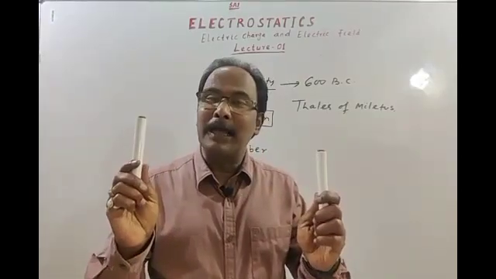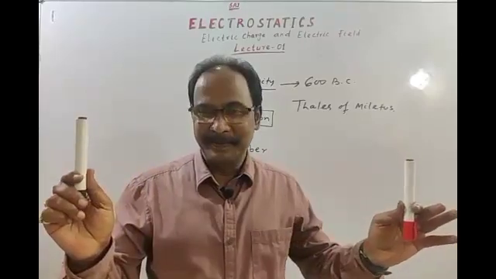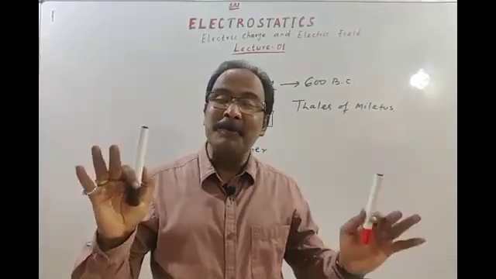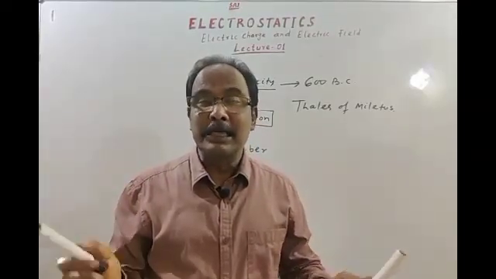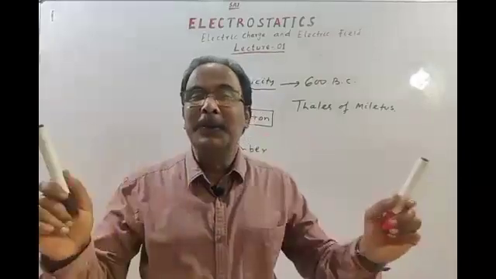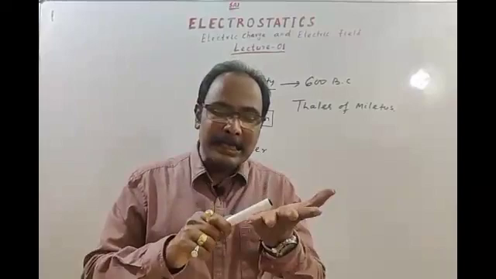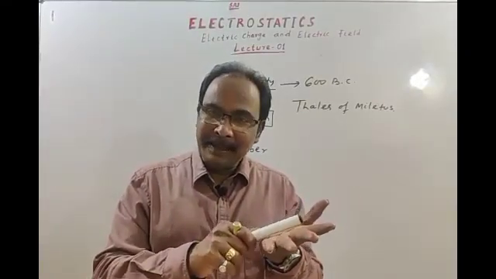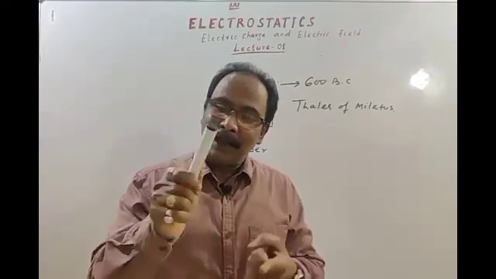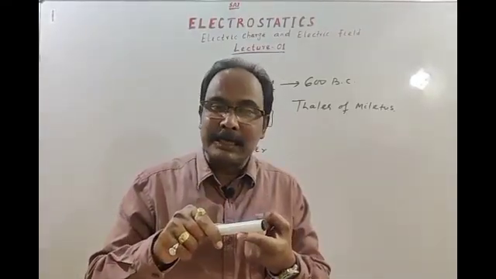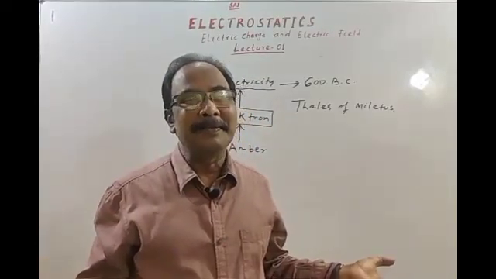But the same two glass rods, when brought closer, start repelling each other. So from observations, it is found that this type of force is not only attracting but also repelling. Also, suppose a glass rod is rubbed against silk, then it attracts small pieces of paper. Once the glass rod is brought in contact with the paper, then it loses the property of attracting.